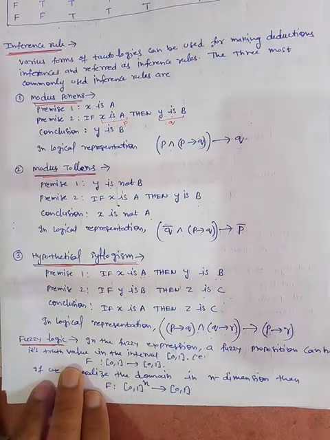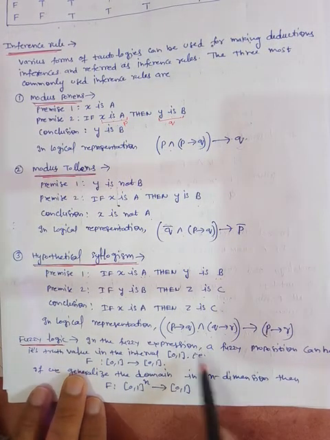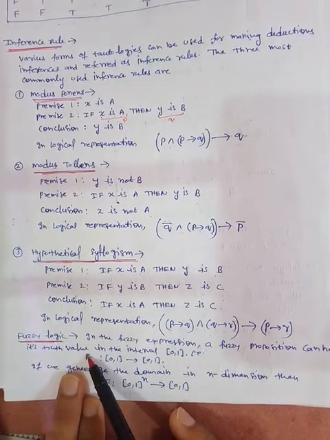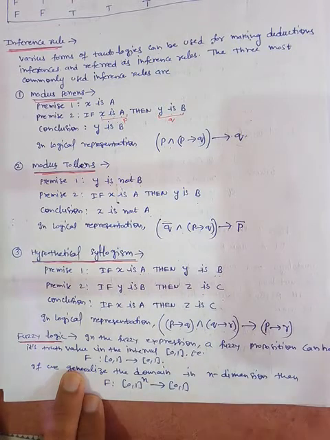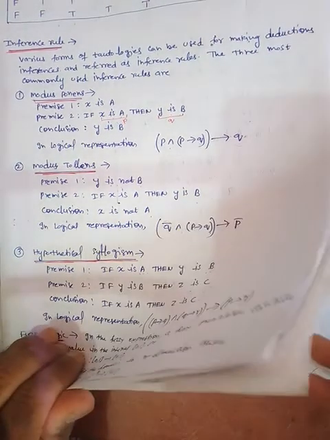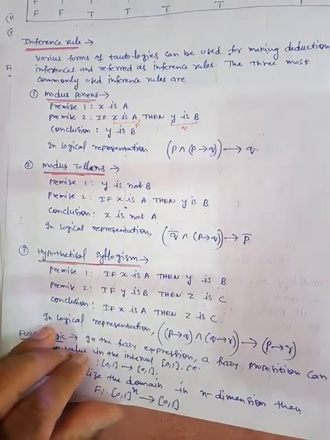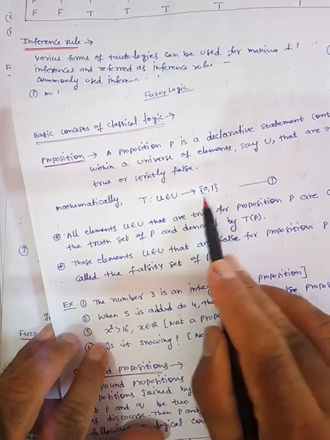Now fuzzy logic. In the fuzzy representation, a fuzzy proposition can have its truth value in the interval 0 to 1. However, in classical logic the values were either 0 or 1, binary.